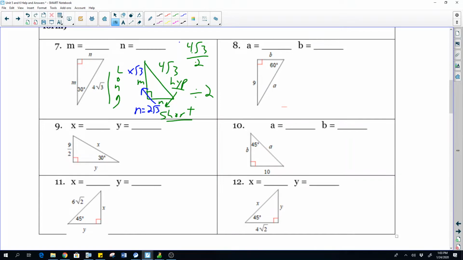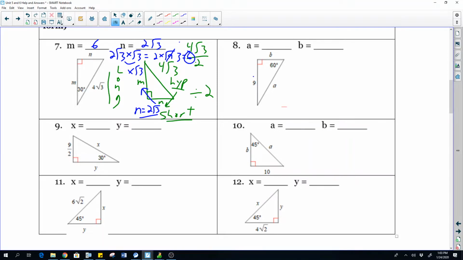So now we take 2 radical 3, which was our short leg, and we times it by radical 3. 3 times 3 is 9, so we have 2 times radical 9. The square root of 9 is 3, and so 2 times 3 is 6. That means m, the long leg, is 6. Cool. Awesome. Kind of getting it?